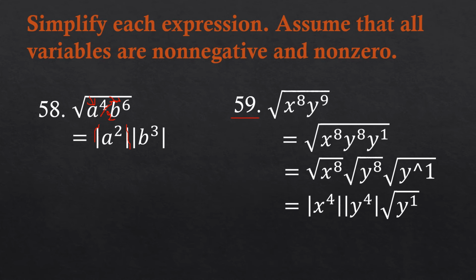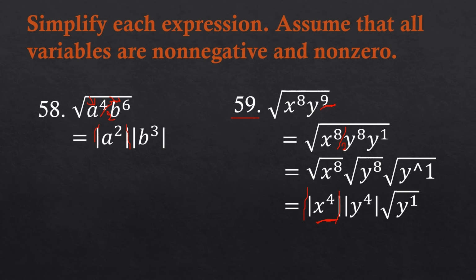And 59, we have here 8. We will divide 8 by 2, which equals 4, which is x power 4 in between two lines that are absolute value. And we have y power 9 here. What we will do, we will separate this into two powers, which are 8 and 1.